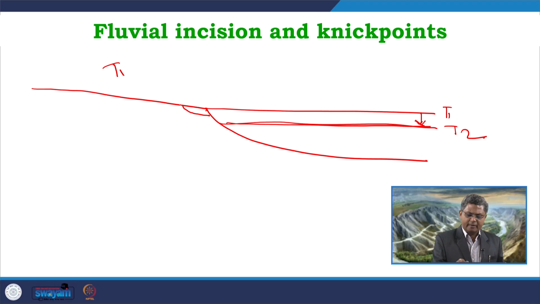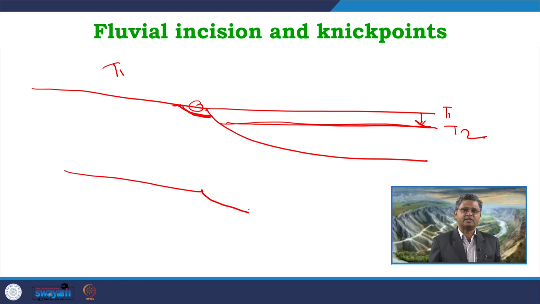So, the major erosion of the river system will be confined in this part and we get this new surface, a new equilibrium profile formed. Initially it was like this and we get a surface like this; the earlier surface was this one. I can call this one K1, this is the nick point, the fluvial nick point. So, this is K1 for the first phase of fall, first phase of adjustment.